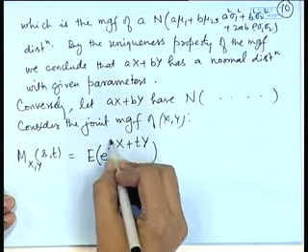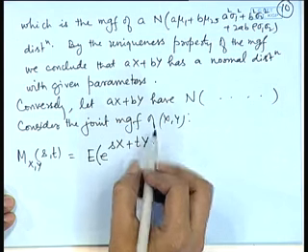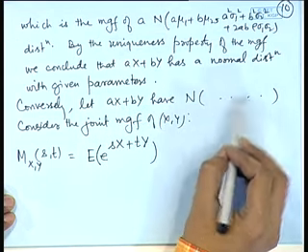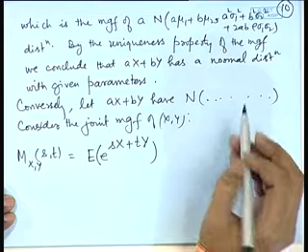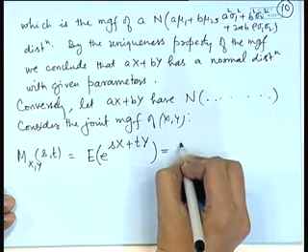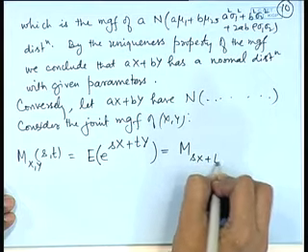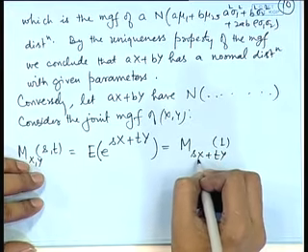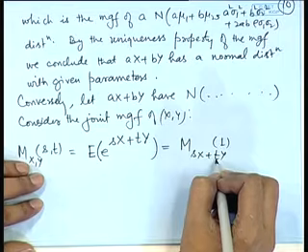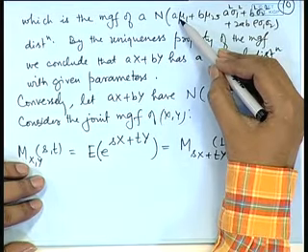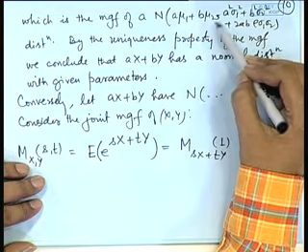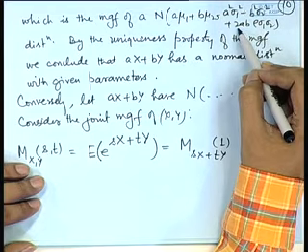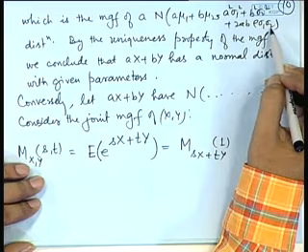Now, notice here that this is nothing but a linear combination of X and Y. We are assuming that every linear combination has a univariate normal distribution with desired parameters. So, this becomes nothing but the moment generating function of sX plus tY at the point 1, which is known to us, because the distribution of sX plus tY is assumed to be normal with mean s mu 1 plus t mu 2 and variance s square sigma 1 square plus t square sigma 2 square plus twice st rho sigma 1 sigma 2.